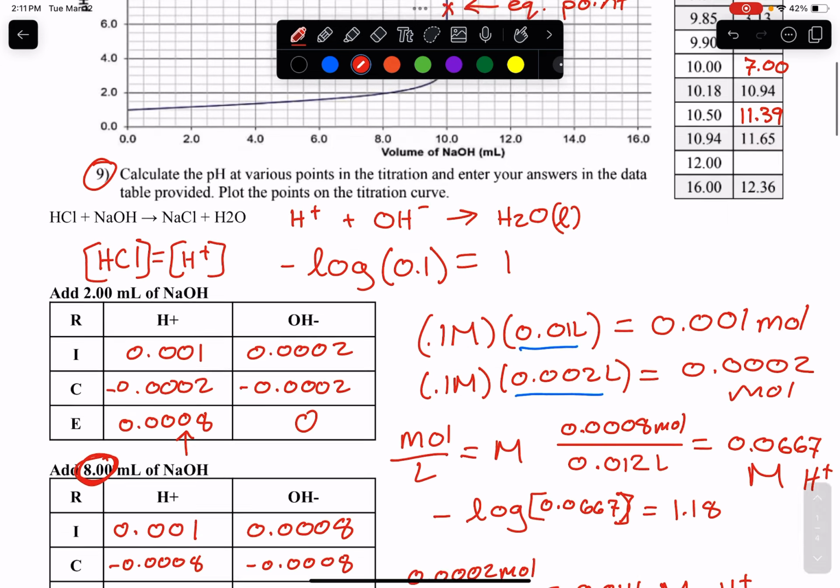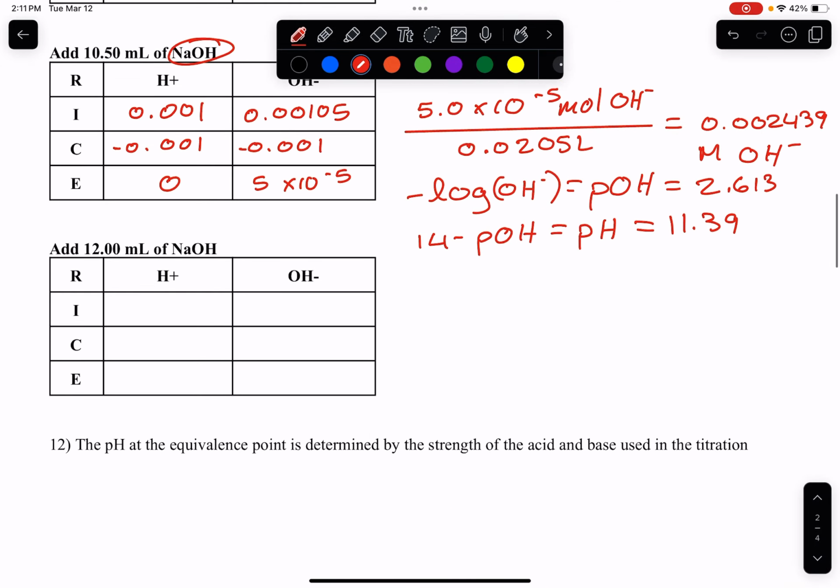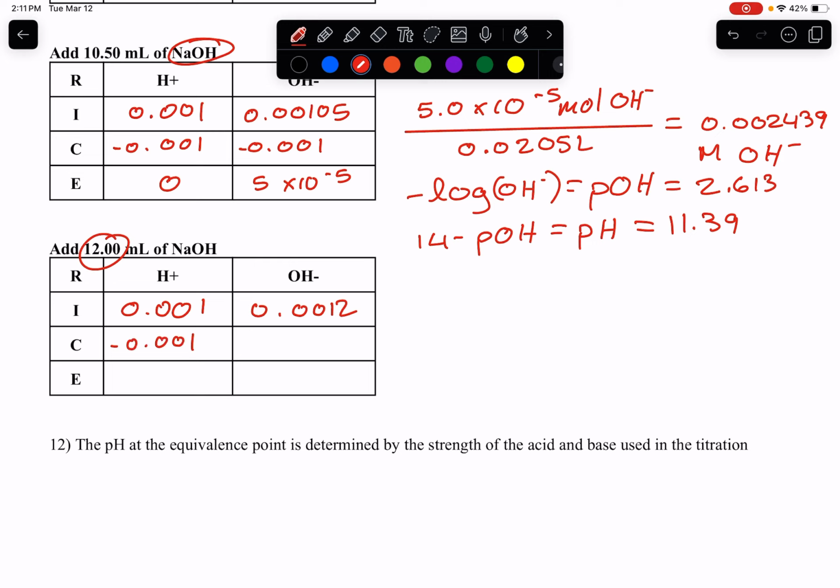Okay, we'll do one more, and this is adding 12 milliliters total of sodium hydroxide. The initial is still here, and let's go ahead and multiply our 0.012 liters times the 0.1 for sodium hydroxide molarity, and that gives us 0.0012 moles of sodium hydroxide. We use up all of our hydrogen.